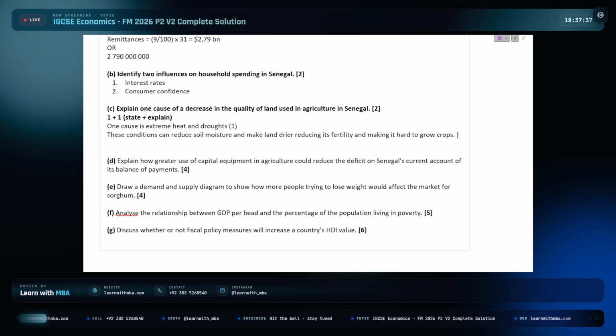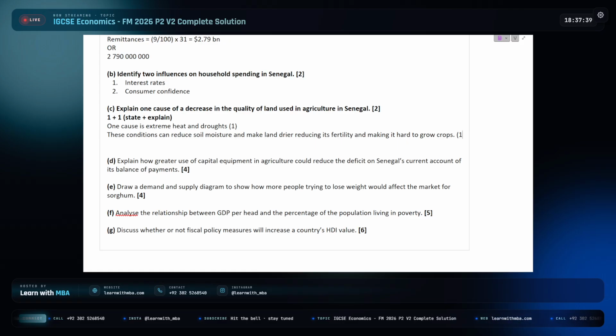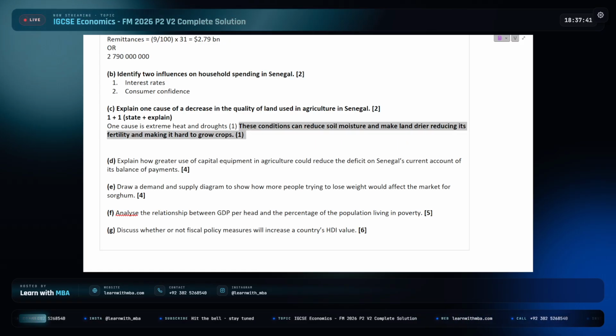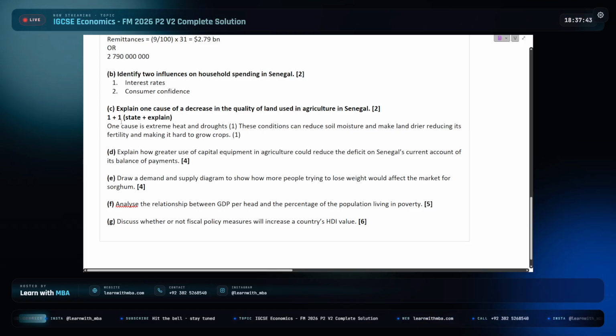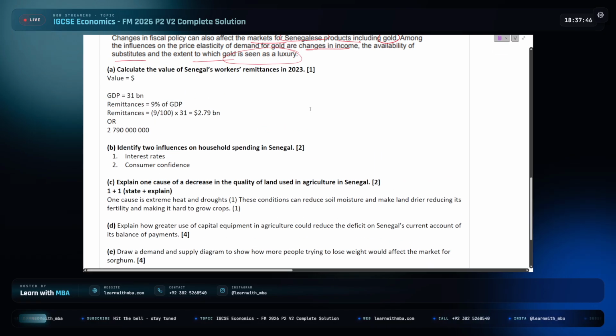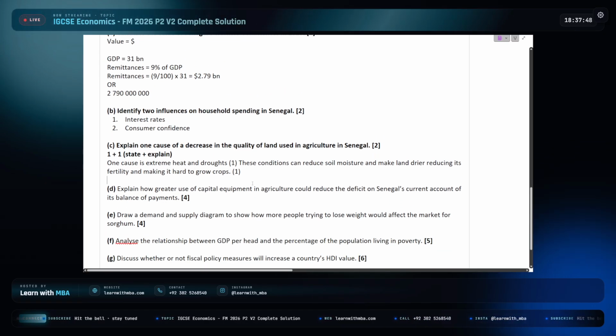And that's the second mark. Does this make sense? Right? So the first three are not something difficult. The first 5 marks are very easy to get.